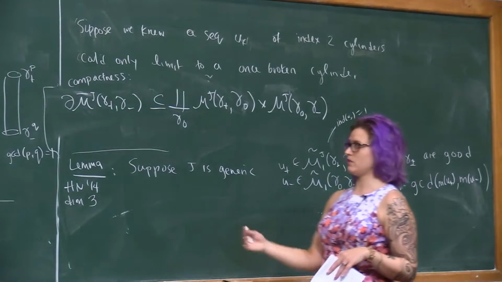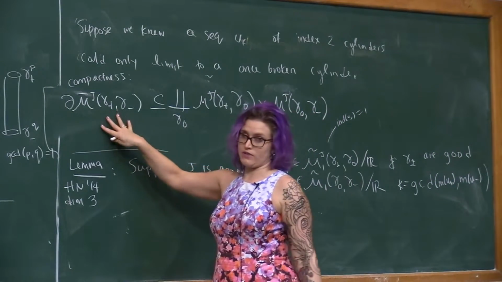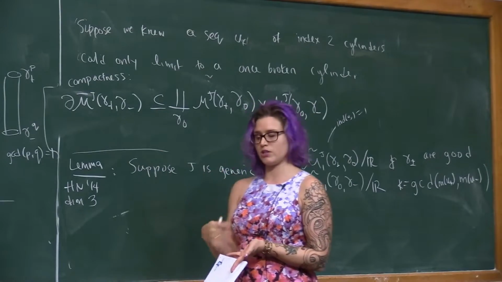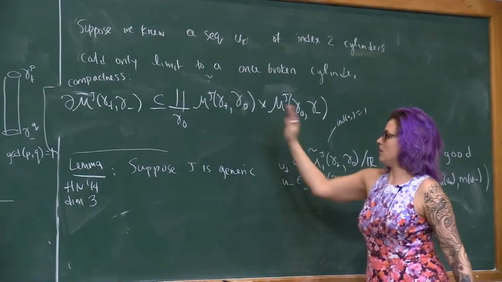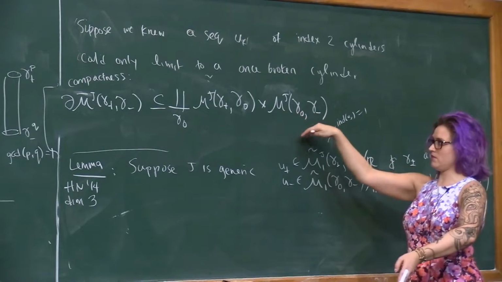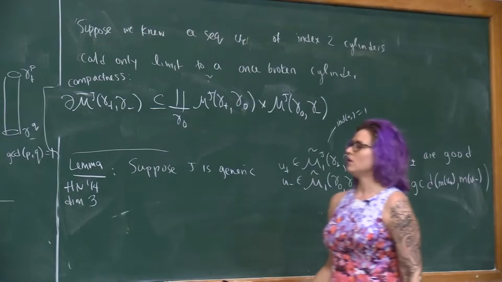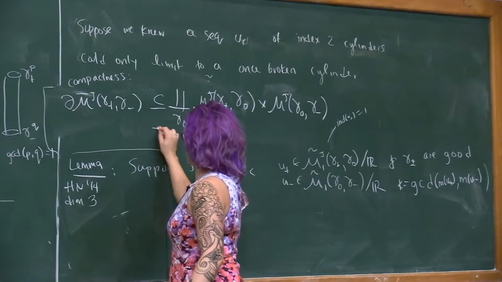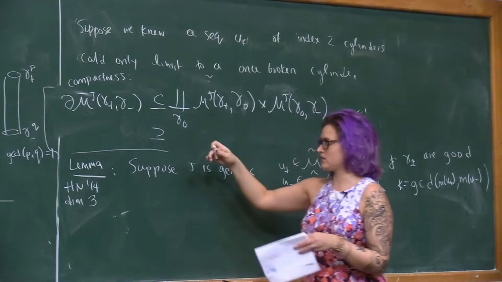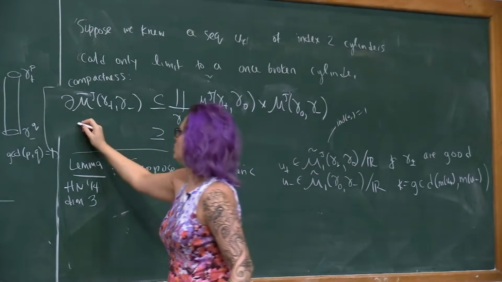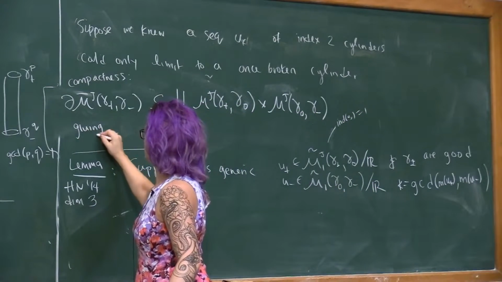So if you look at the boundary of the compactified moduli space, which would include all these limit curves, it is contained in the space of once broken curves. But in order to prove that d squared is 0, you need to have equality. The way that you get equality is to prove the reverse inclusion, which is a gluing argument.